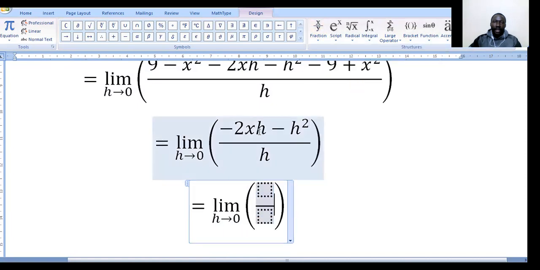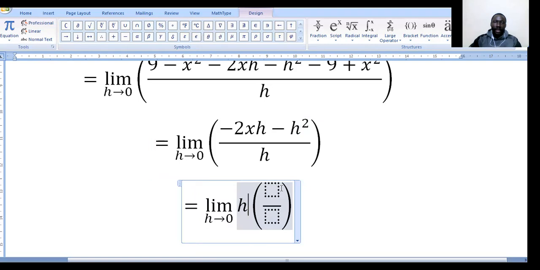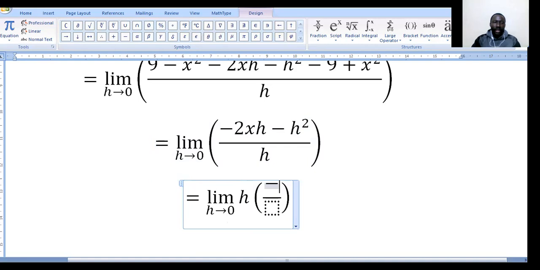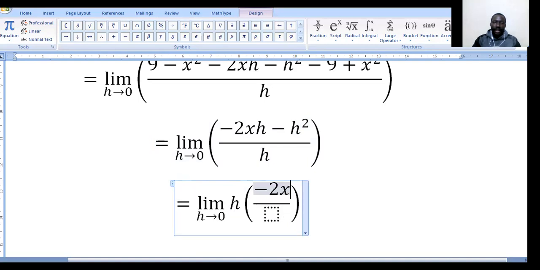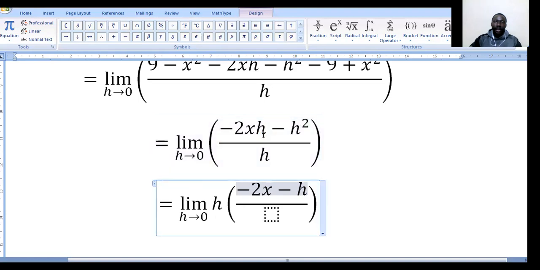Since there are two h's here, we can factor one out. So when we factor h out, we'll be having h outside like that. Then inside here, we are going to be having minus 2x like that, minus one value for h that way. Then now we will be having the denominator as h.